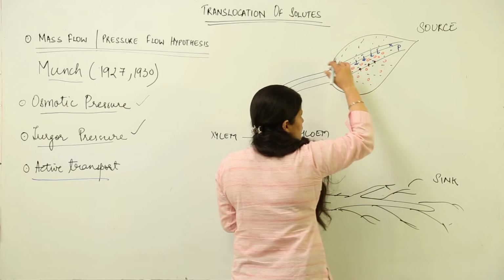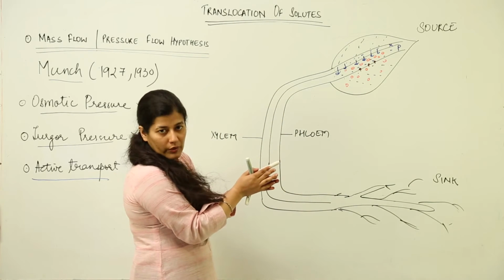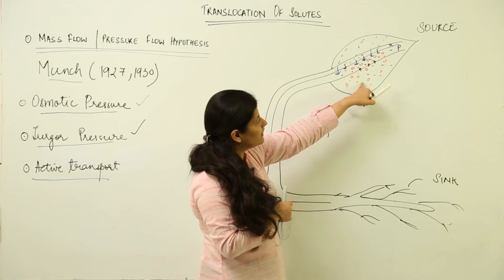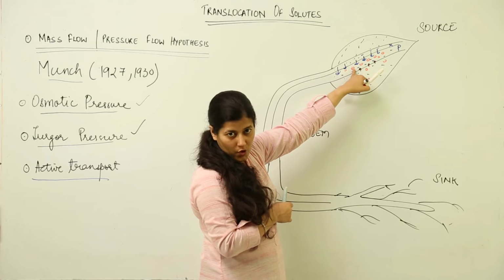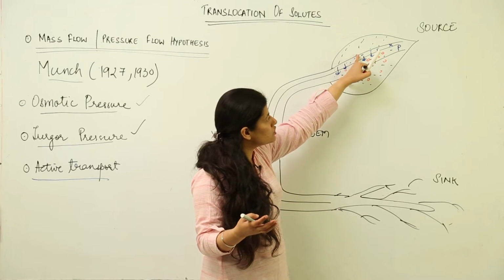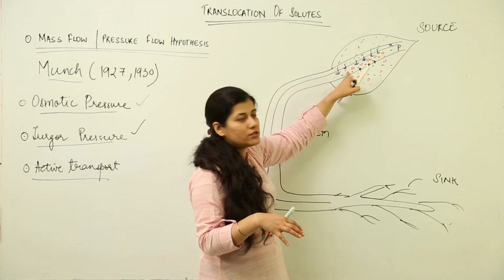Now there is osmosis of water from the xylem which lies along with the phloem, because the sucrose particles move actively into the phloem, they increase the osmotic pressure. As a result, osmosis happens and the water from the xylem enters into the phloem.